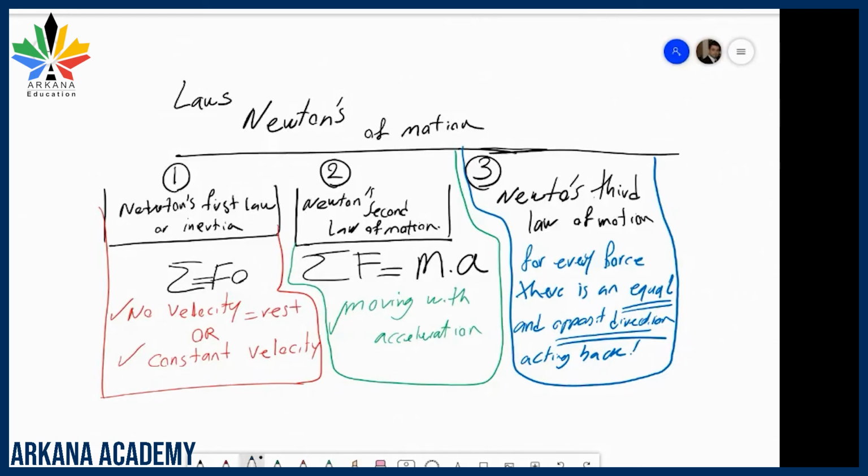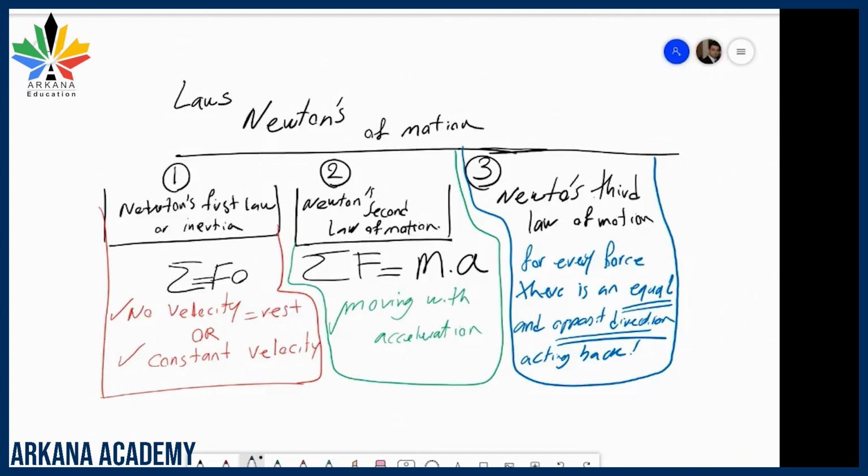Even when the object is moving with constant velocity, so that could be in a lot of cases, let's say an ice skater on ice moving with a constant velocity.